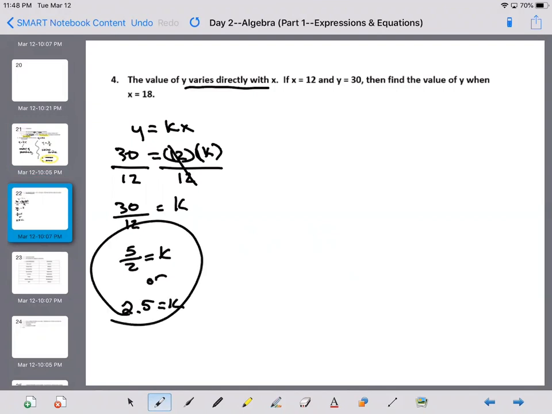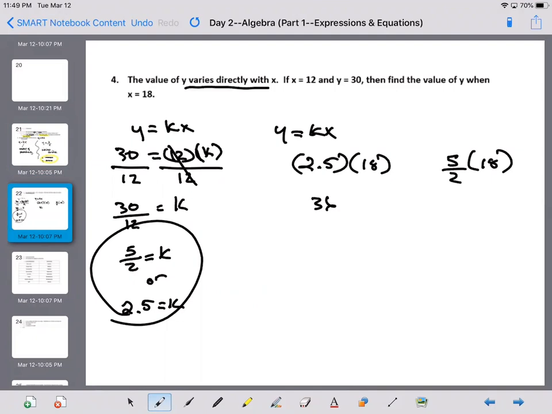Well, now that I know that, then I want to come back over here and say, well, I know that it varies directly, so find the value of y when x is 18. So that's 2, and I can use 2.5, or I can use 5 halves, either one. So 18 times 2 is, what's that, 36, and then if I also need to take half of 18, which is 9, which would give me 45.